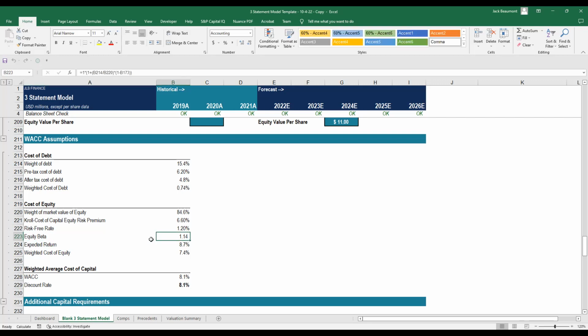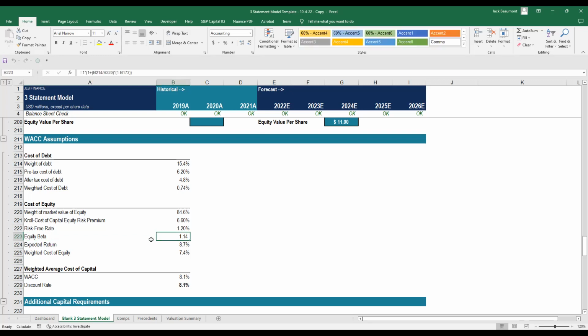So if the market moves up 1%, then this should move up 1.14%. If it moves down, it should move down 1.14%. If it's less than 1, it means it's less volatile, moves less than the market does. So it's a measure of volatility.